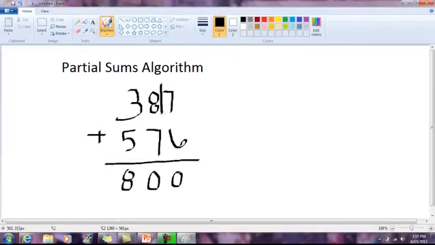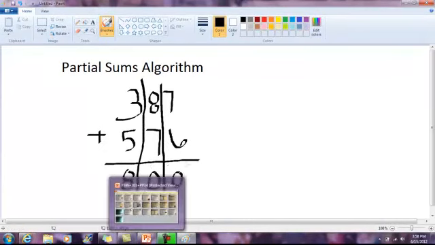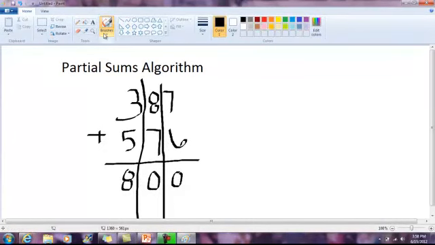Sometimes people like to put little lines like this down to keep their columns straight and their places all lined up and nice, so I'm going to do that. Next we go to this middle column. 8 plus 7, which is 15. You put your 5 here and your 1 here. Now you're just going to put a little 0 to hold that spot.